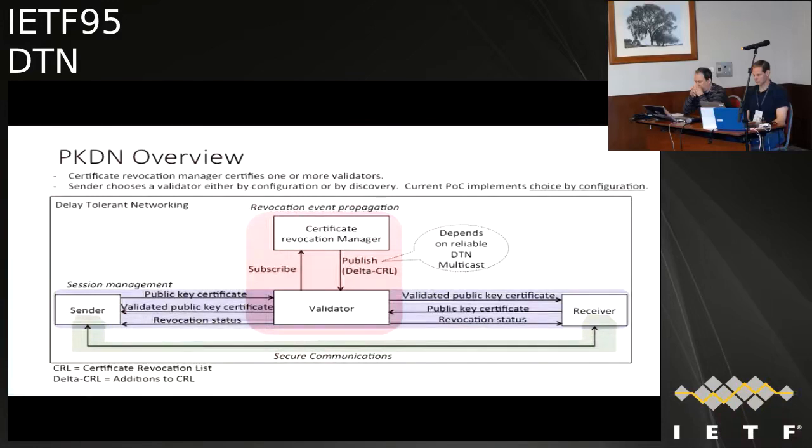The sender will choose the validator by configuration or by discovery. But as of now, to keep it simple, the proof of concept that we are developing is using implementation by configuration.